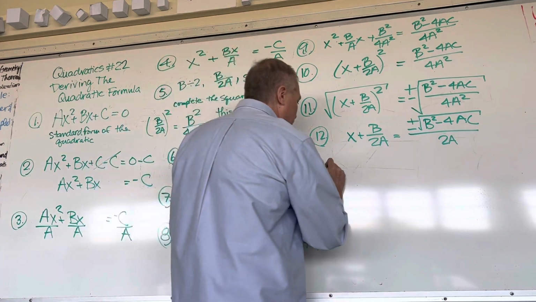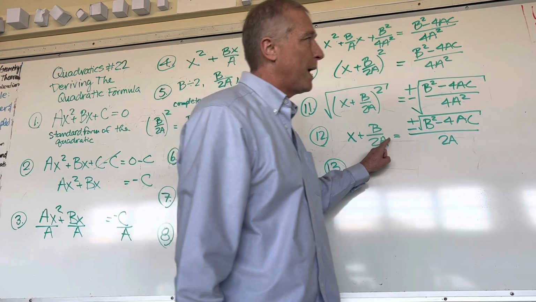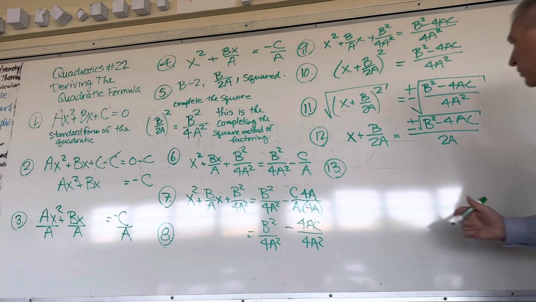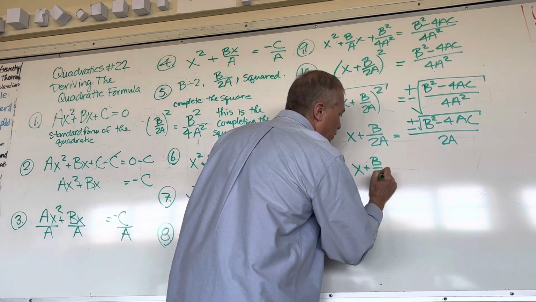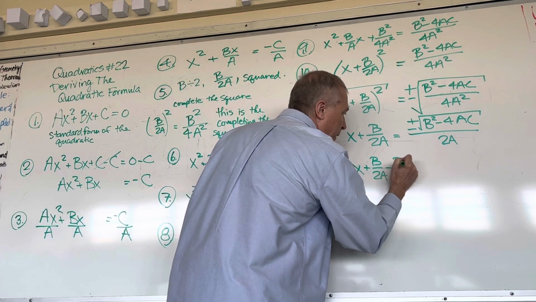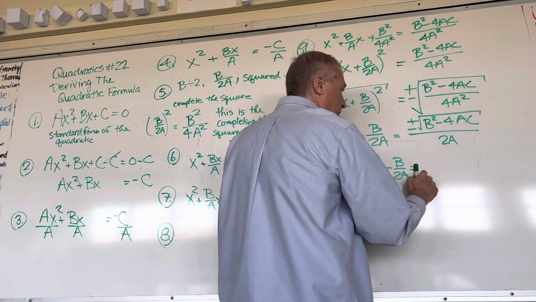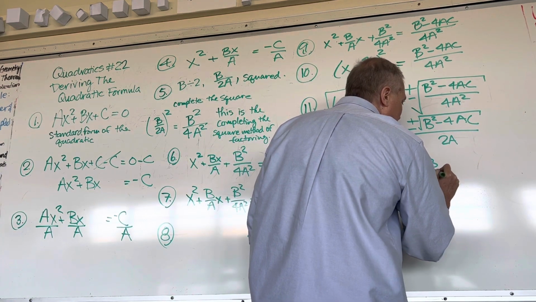Now, step 13, we've got this term which I want to subtract from both sides. I show it separately. So I say x plus b over 2a minus b over 2a equals, since I subtracted it from this side, I'm going to do it here, minus b over 2a.